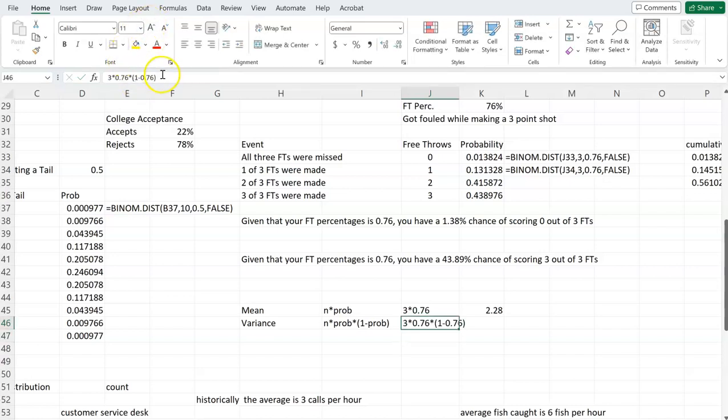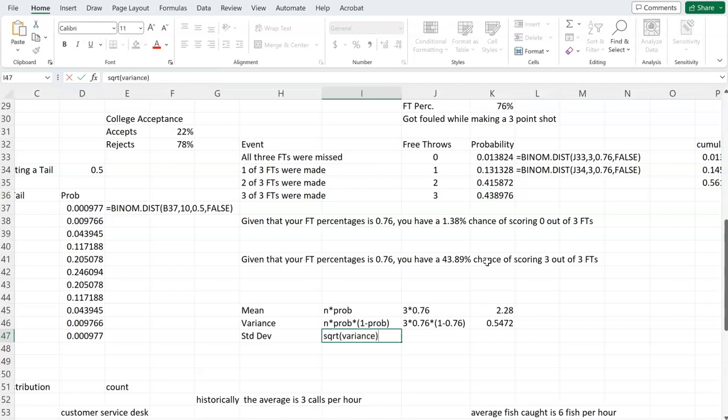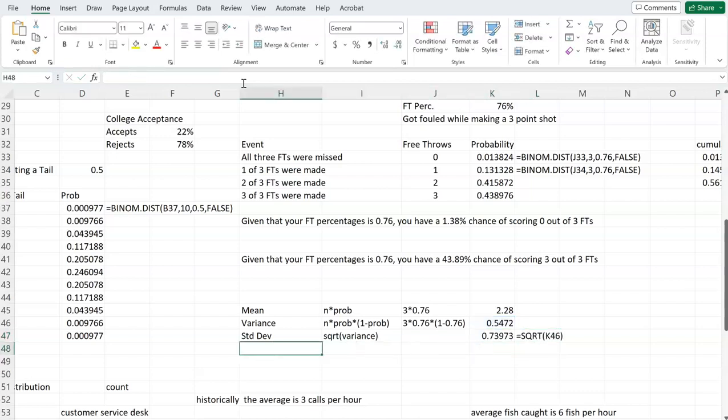So that number now, if I try to find the number, it is going to be 0.52. And standard deviation is going to be the square root of the variance. So my standard deviation is going to be just the square root of the variance.